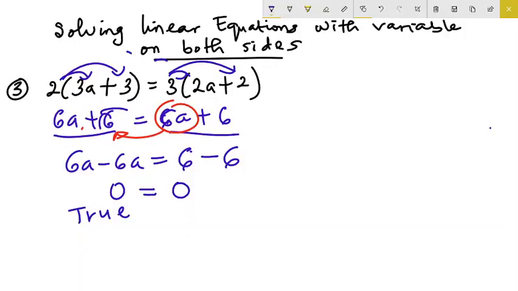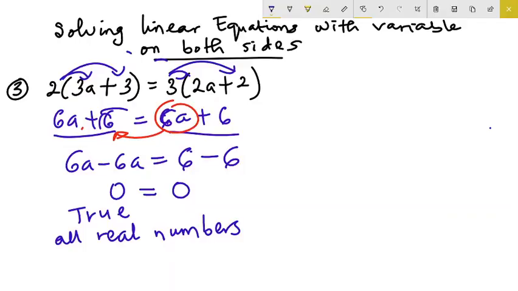So in this case, when you have a true statement, like 0 equals 0, that means your linear equation has what we call all real numbers. So the solution is all real numbers. If you pick any number for a, it doesn't matter if it's positive or negative, big or small, that number is going to satisfy that equation, because the left-hand side of the equation is exactly the same as the right-hand side.